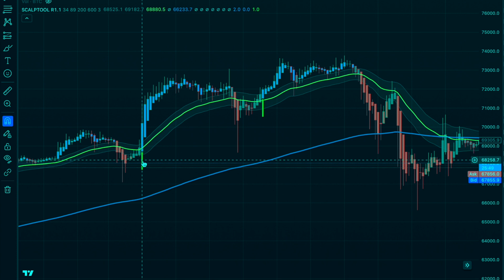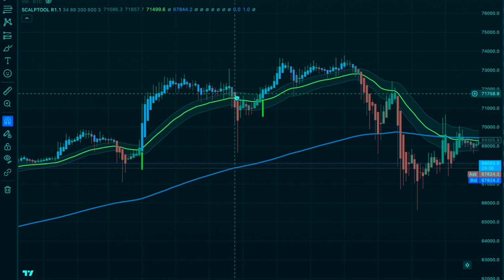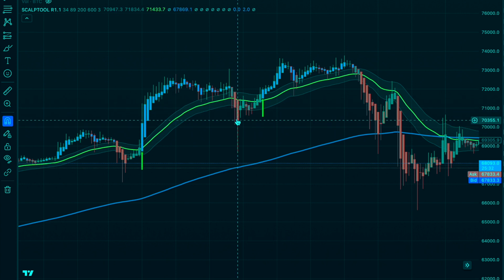We've got the buy signal and we're above the 200 EMA, so that would be a buy decision on this candle. We'd ride it up to this point, and then we can see it's coming back to test the 34 EMA. It's falling through, and at this point it becomes a sell.